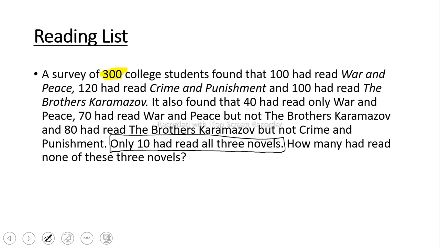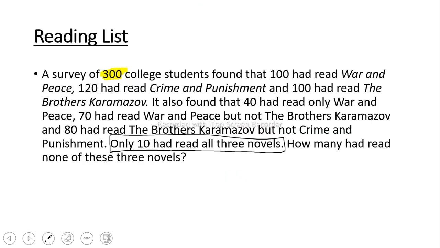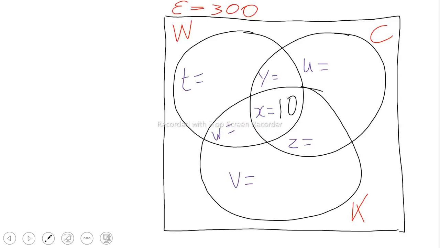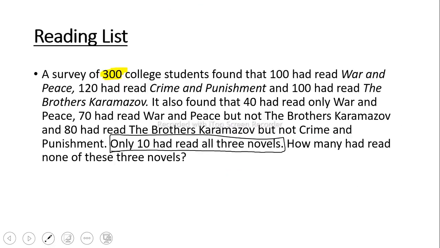Okay, so the next piece of information that we have readily given to us is that it also found that 40 had read only War and Peace. So where is that 40 going to go? On the left. We want War and Peace only, that's T. They say War and Peace only. 40 had read only War and Peace.